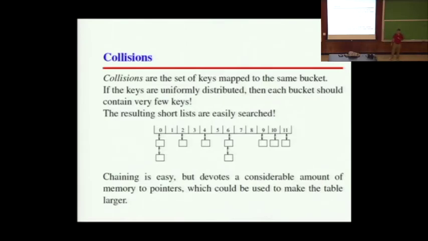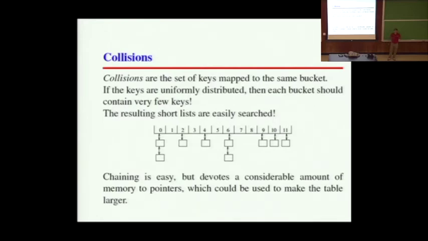The idea is that if we have an array of n lists, and our hash function does a good job spreading things around, then if there's n lists and n items, on average there's only going to be one item per list.